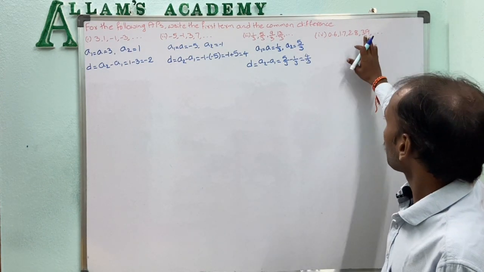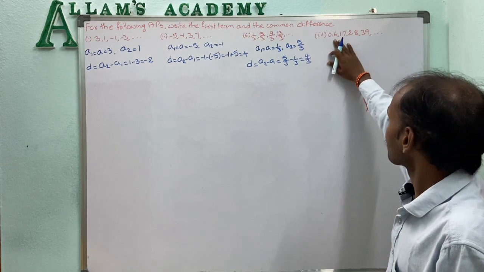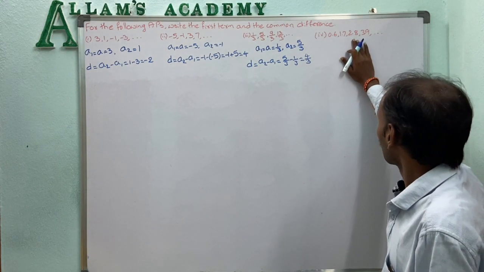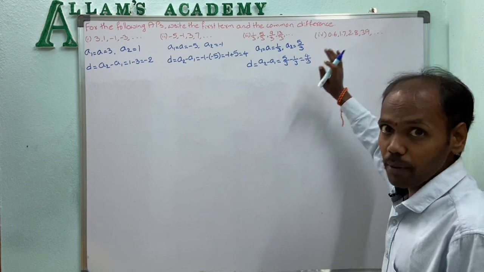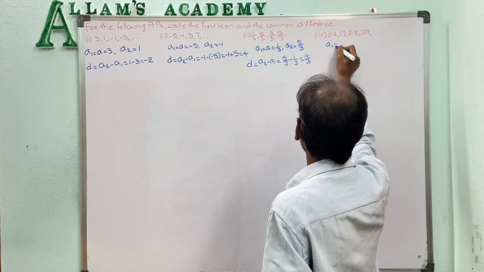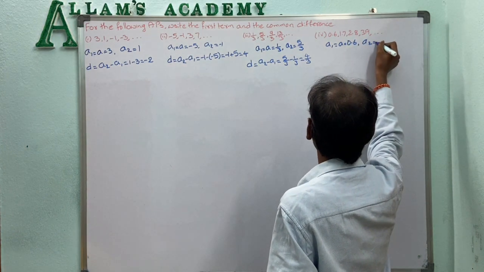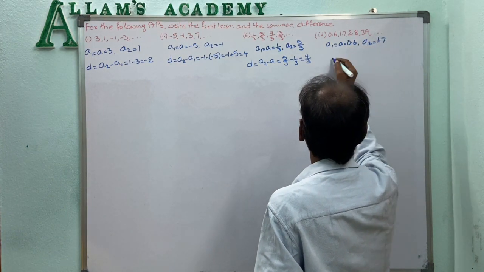Now the next problem given 0.6, 1.7, 2.8, 3.9 and so on. Now in this series the first term A1 is equal to A equal to 0.6, and the second term A2 equal to 1.7.